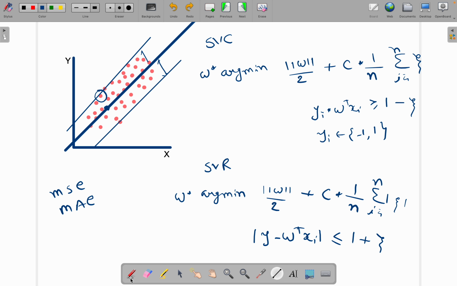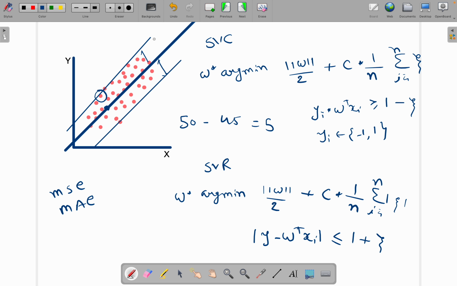So let's say y is equal to 50 is the actual point and I am predicting 45. Then 5 would be the error, right? Simple. So here what we are saying is that it should be less than or equal to 1 plus eta.